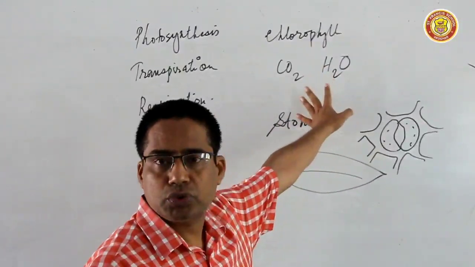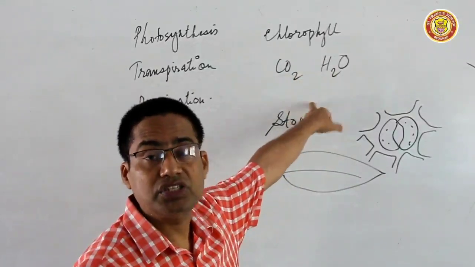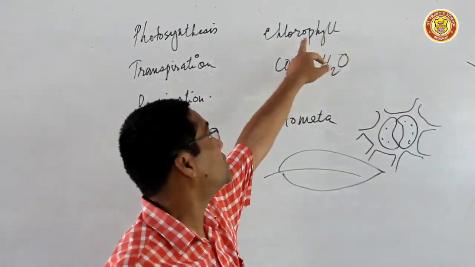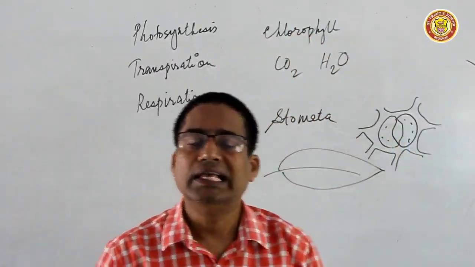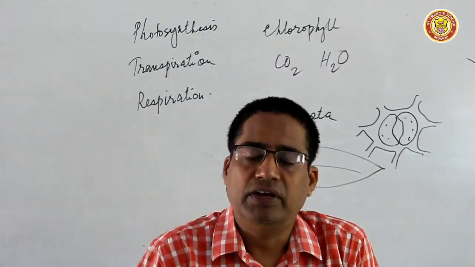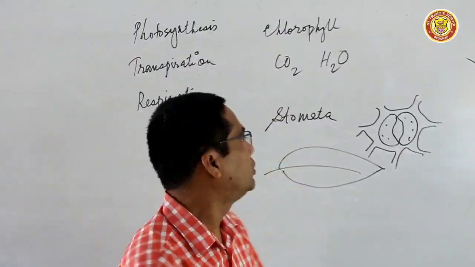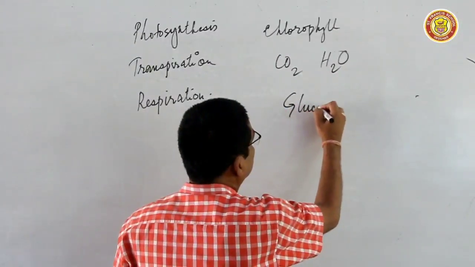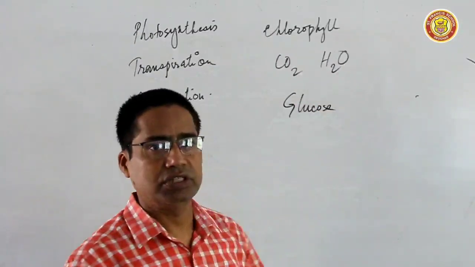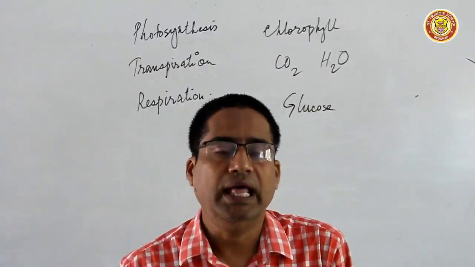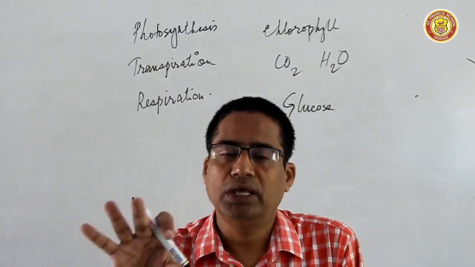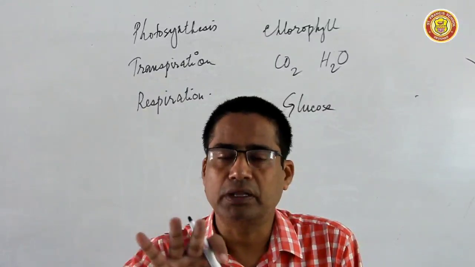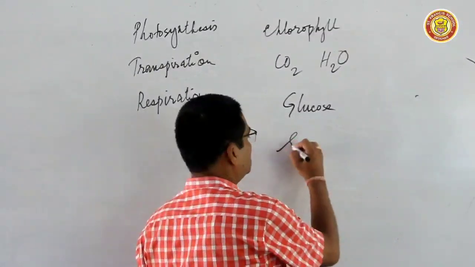With the help of these two raw materials and the solar energy trapped by the chlorophyll, the food for the plant is manufactured, and that food is glucose. Immediately during photosynthesis, glucose is manufactured, and then this glucose is stored in the storage parts of the plant as starch.